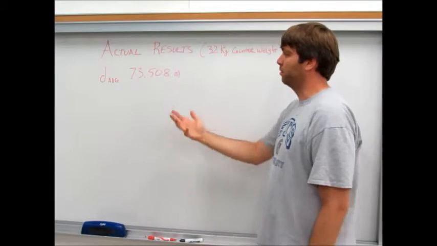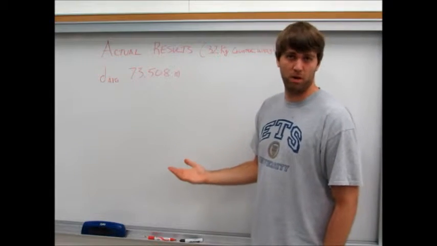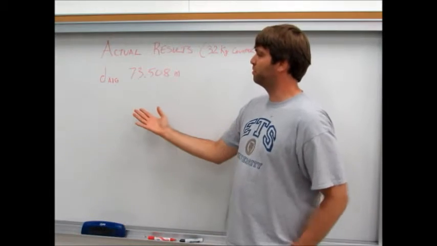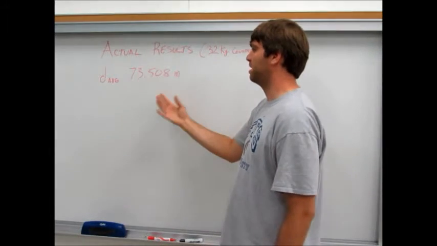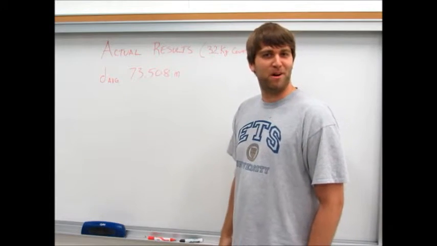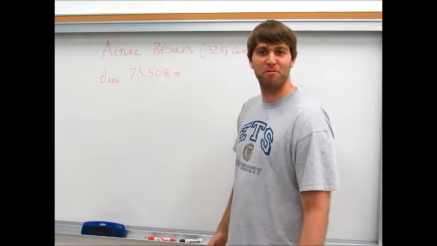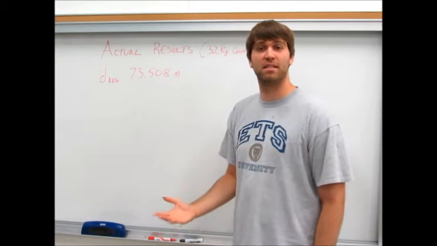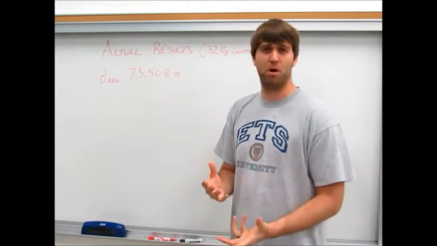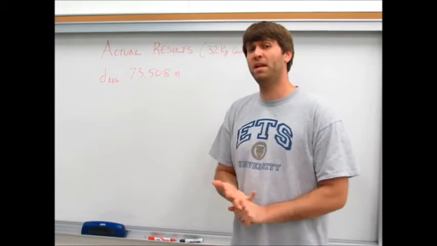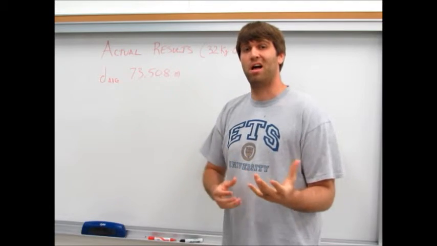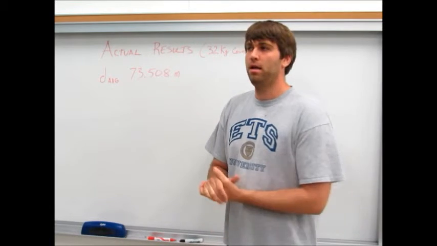The actual results of our 32 kilogram counterweight throwing the softball, our average results, ended up being 73.508 meters. Not nearly as far as we were ideally hoping for, but there are a lot of things that come into play. There's friction between the different parts of the trebuchet. There's the weight of the softball compared to its size, so wind resistance acts much more drastically upon it.